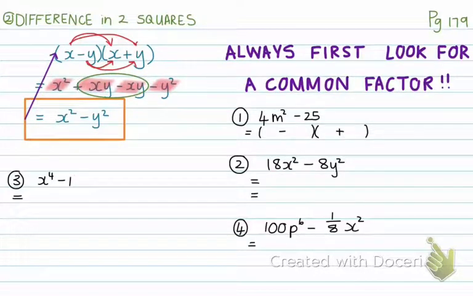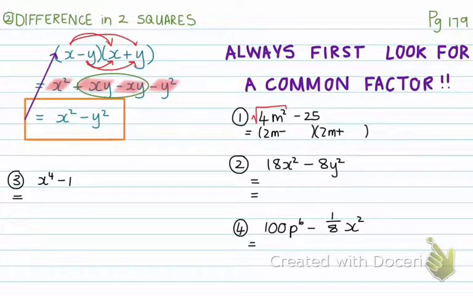In your mind or somewhere in pencil, please don't do it where you do the sum, you take the square root of the first term. What is the square root of 4m squared? That will be 2m. So 2m will be the first term in both of those brackets.